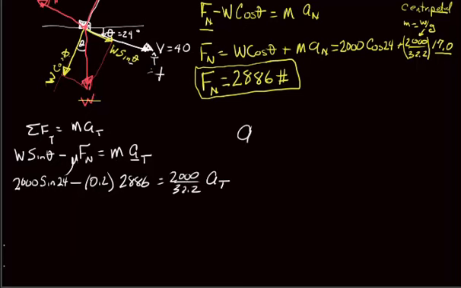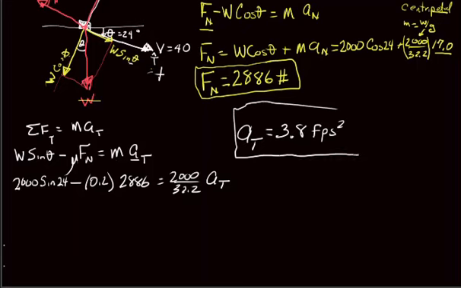And with that, we'll get a sub t of 3.8 feet per second squared. So the wagon is still speeding up, even with friction involved.